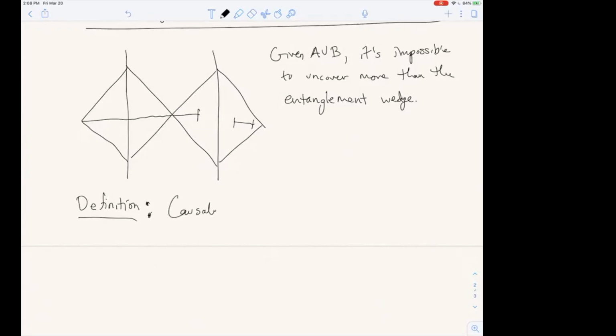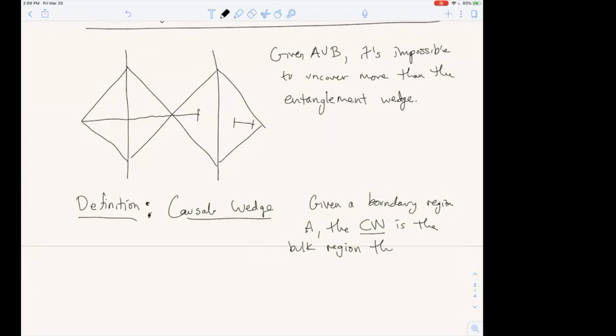So there's something called the causal wedge. Given a boundary region A, the causal wedge, or CW as I'll call it, is the bulk region that lies in both the past and future of the domain of dependence of A on the boundary.